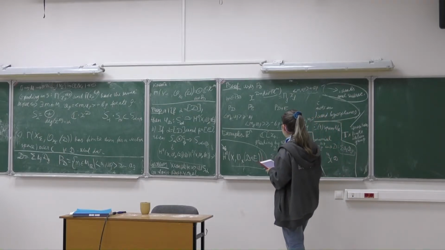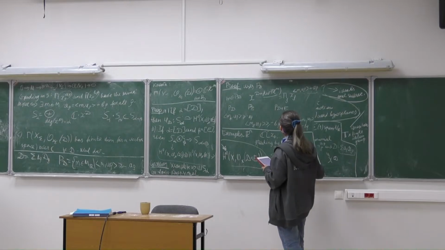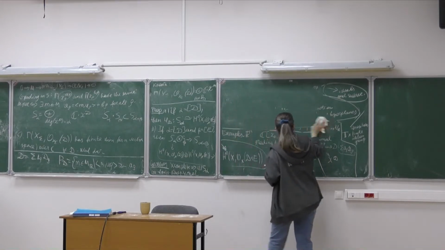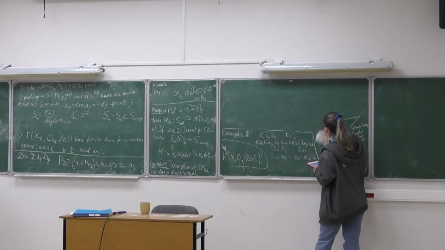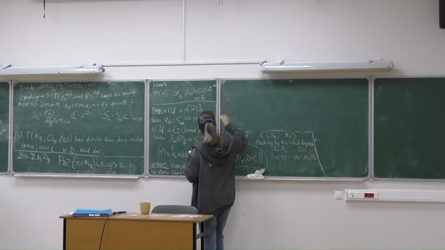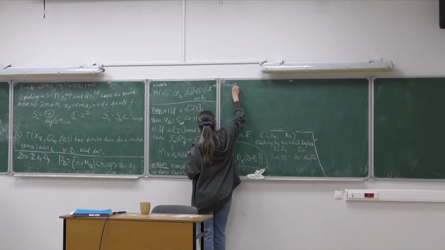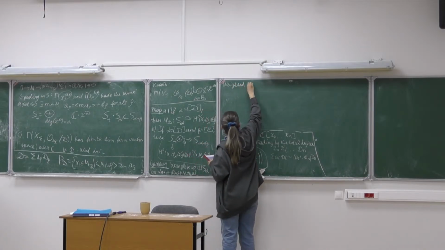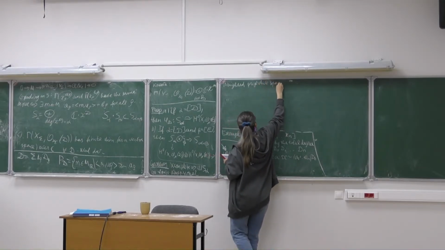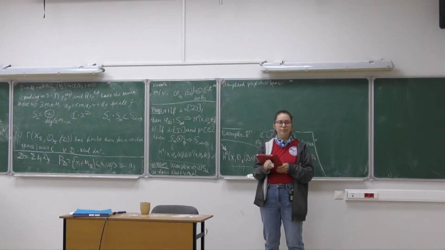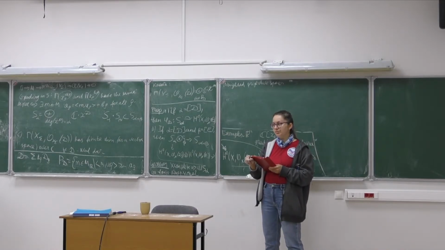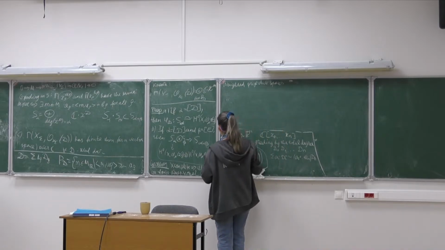The next example is the weighted projective space. We also checked that the class group of the weighted projective space is also Z. But now, what do we have?